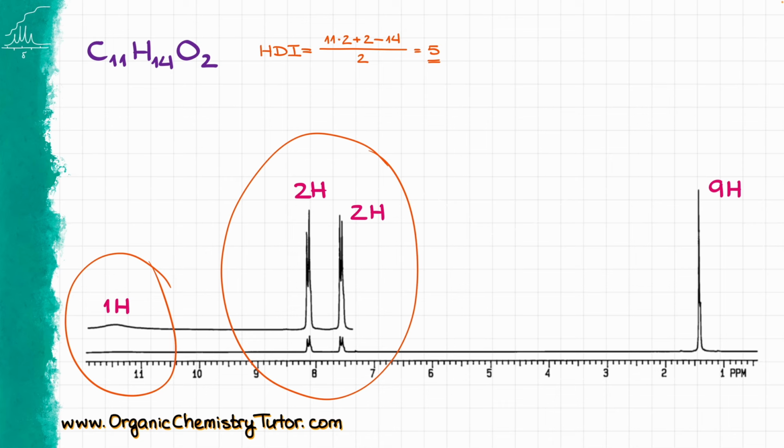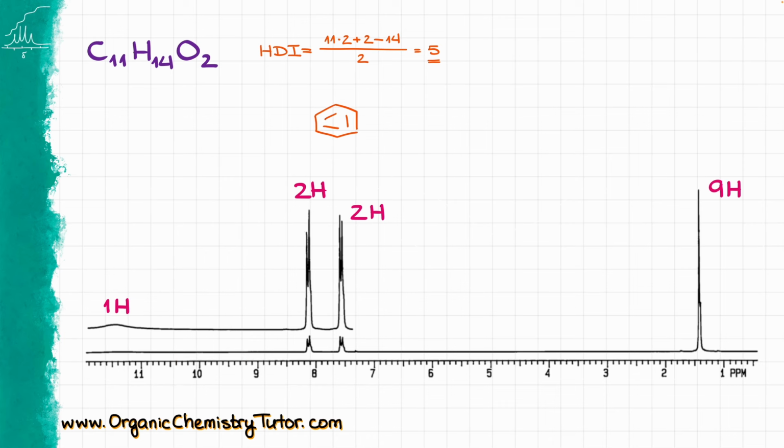That is an indication of the carboxylic acid. So I have an aromatic ring, and I have a carboxylic acid, and look at that, the aromatic ring takes 4 degrees of unsaturation, the carboxylic acid, because of the pi bond over here, takes another degree of unsaturation, so we have 5 degrees accounted for, which means that on top of that we are not going to be expecting any kind of double bonds or any kind of rings.